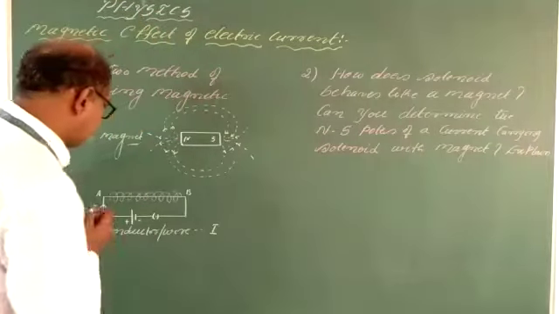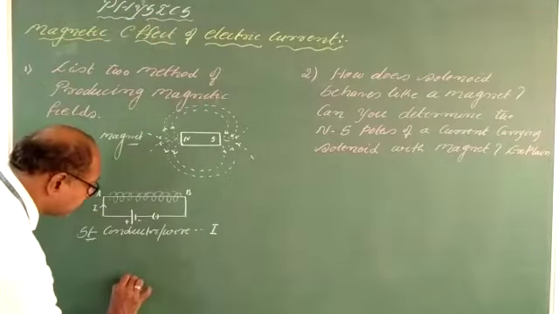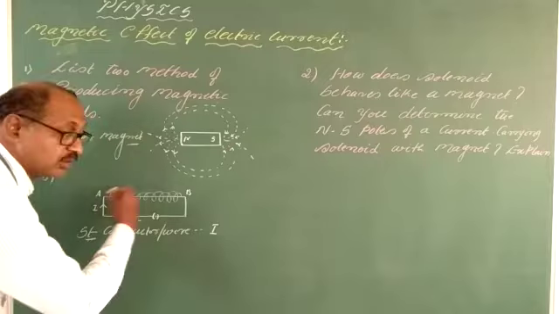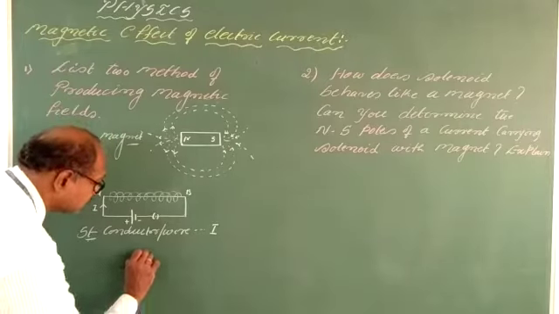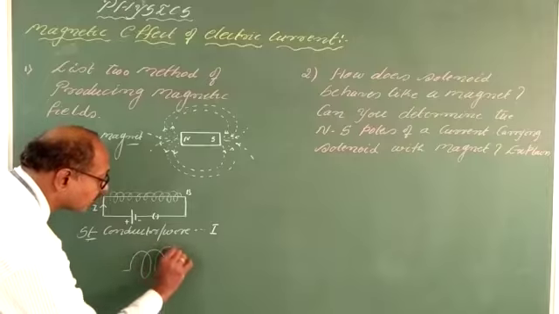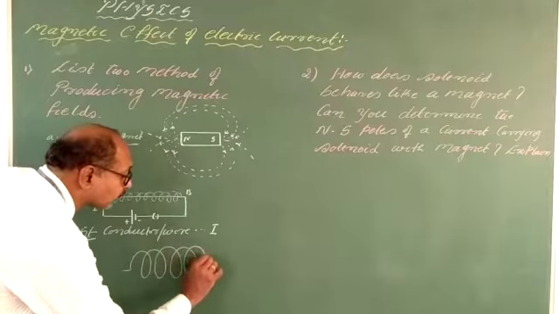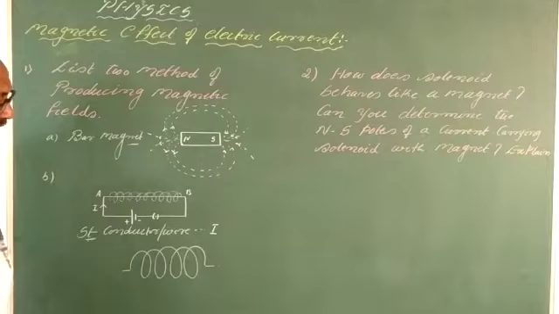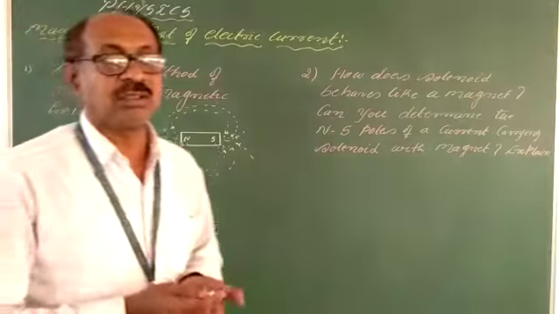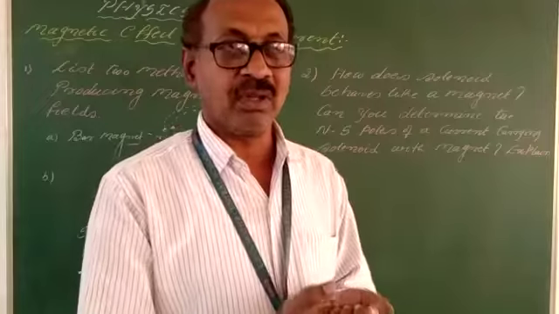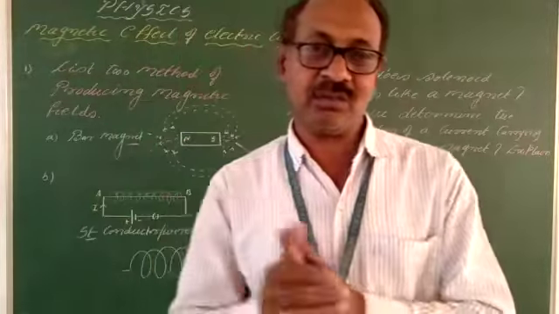The last time we had done this one, a circular coil, or a loop. A circular coil is like this. This also produces a magnetic field around it.